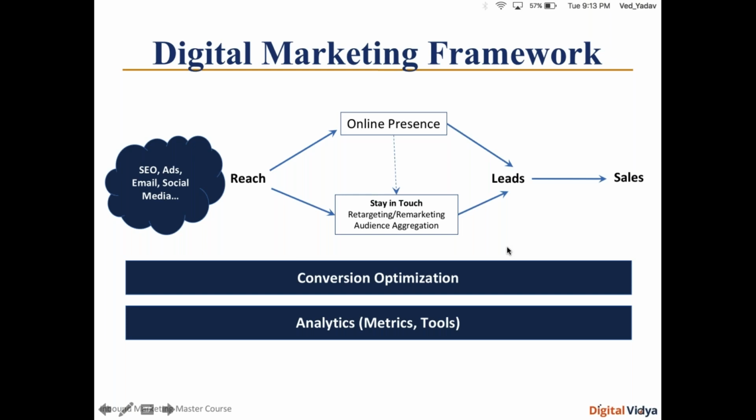Phase three is life cycle emails, when you try to nurture customers and make them understand more about the business by providing them with sequential emails over a period of time. So these are the three phases of inbound marketing that we'll be learning in this module.